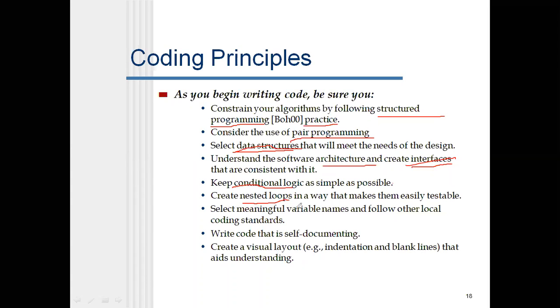Next, select meaningful variable names. Already we have discussed variable names in C language. While choosing variables, it is better to take names related to your problem statement, isn't it? Now we are going to calculate a summation, meaning you need to choose value 1 and value 2, and sum equal to value 1 plus value 2.